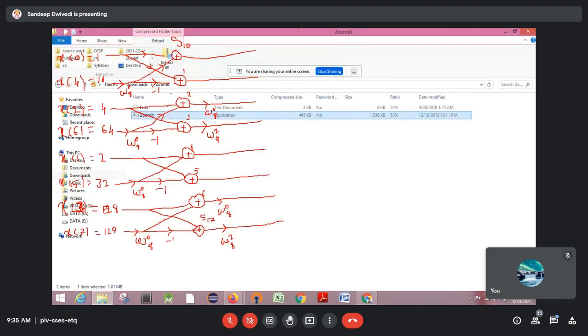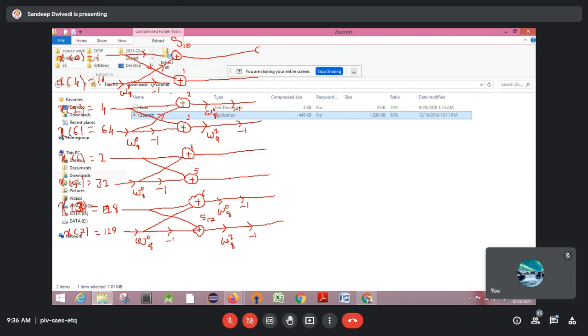Okay, then along with the Twiddle factor, you can write the minus sign like this.